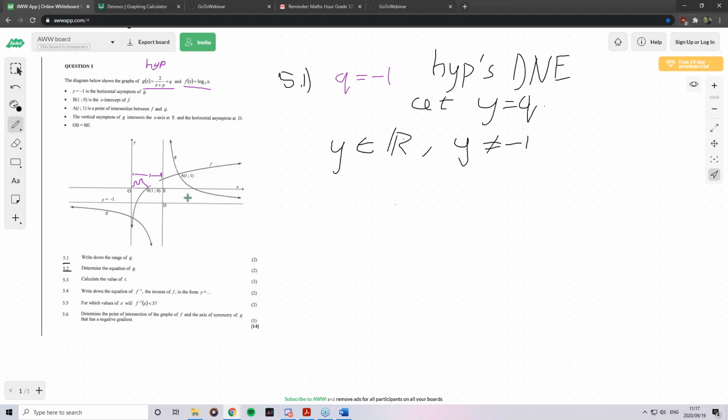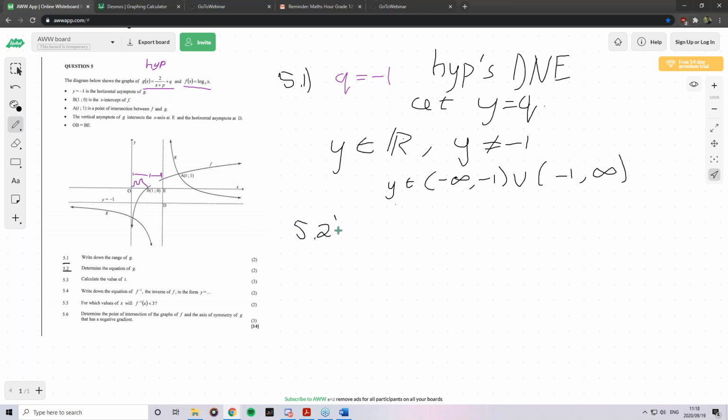This hyperbola exists for all values of y except when y is equal to minus 1. That is what this statement reads. In essence, you can also write it as y is an element of minus infinity to minus 1, and minus 1 to infinity. This means the same thing. You can write it either of these two ways.